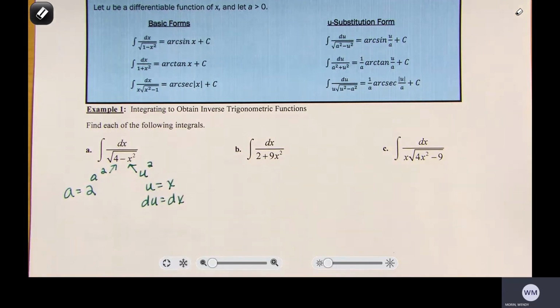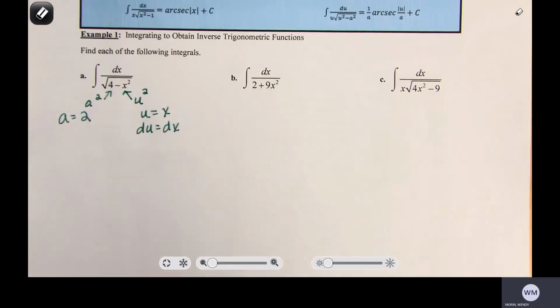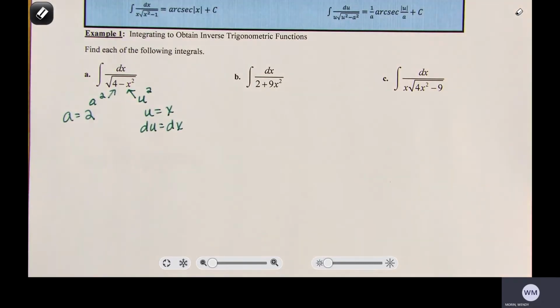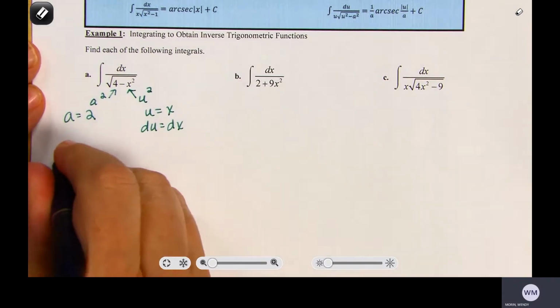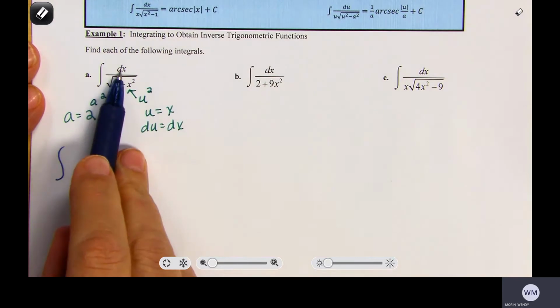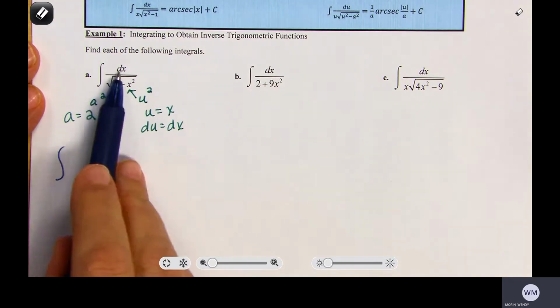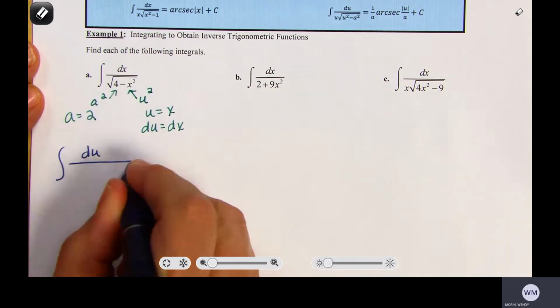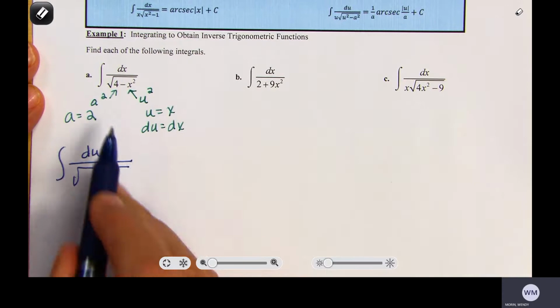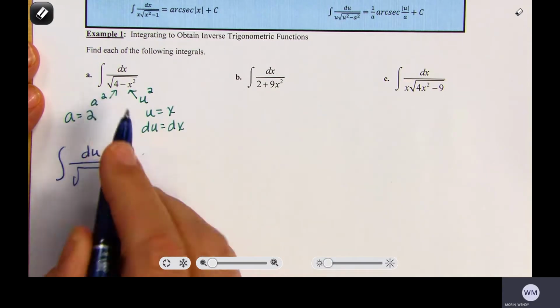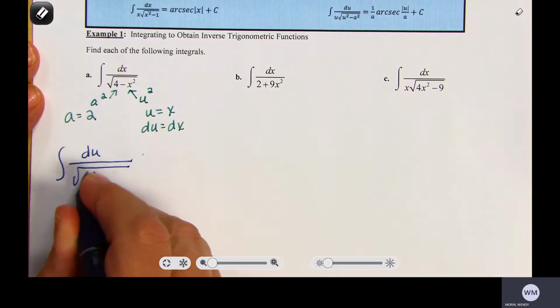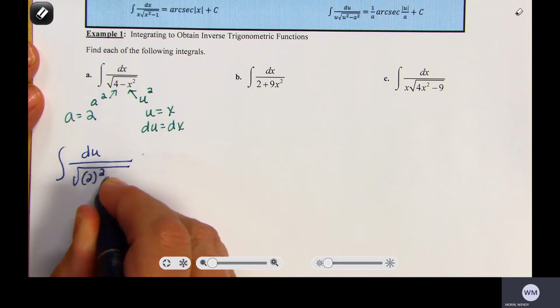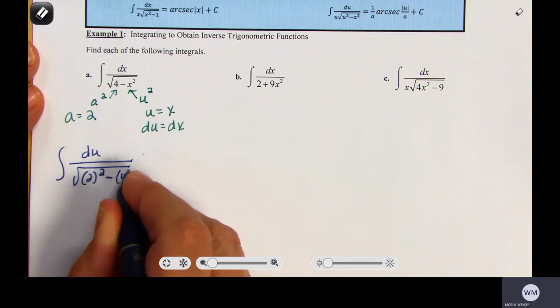So just like before with u substitution, you always need to find the derivative of your u. So now we can rewrite the problem in terms of u. Start with the dx. What's dx equal to? du, and the square root of our a squared minus our u squared.